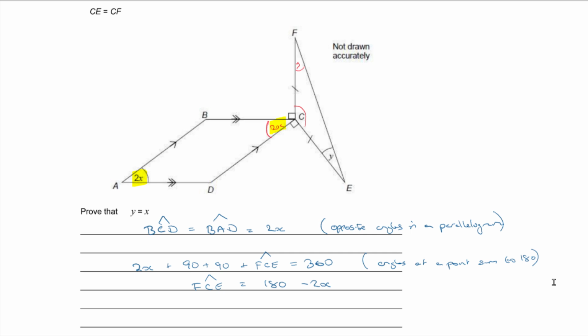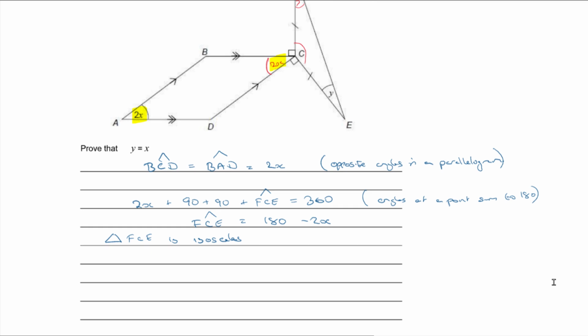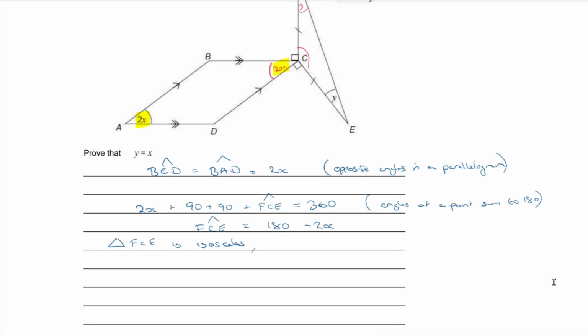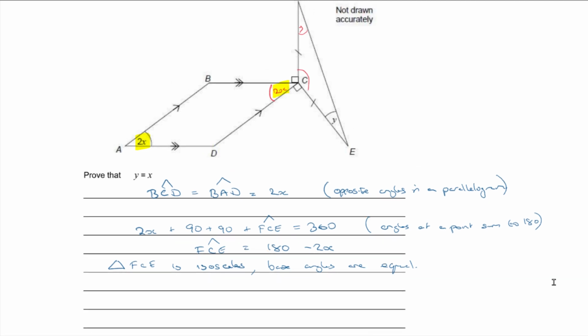Okay, so I'm going to say triangle FCE is isosceles. So what does that tell me? So if it's isosceles, base angles are equal. So that angle there is y.